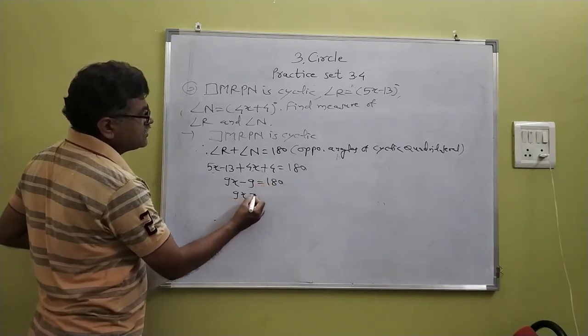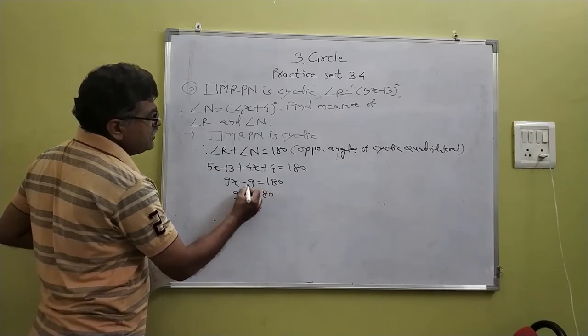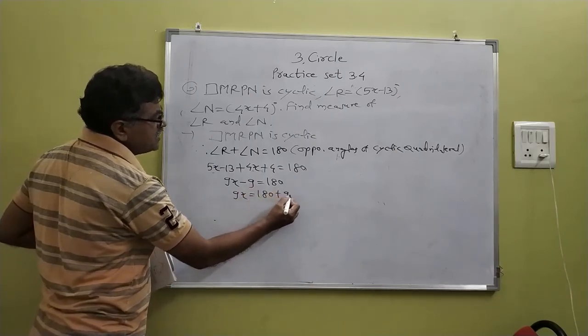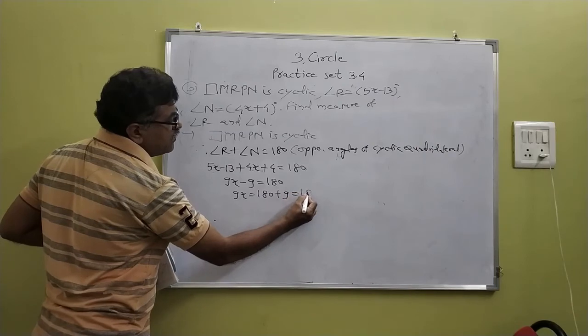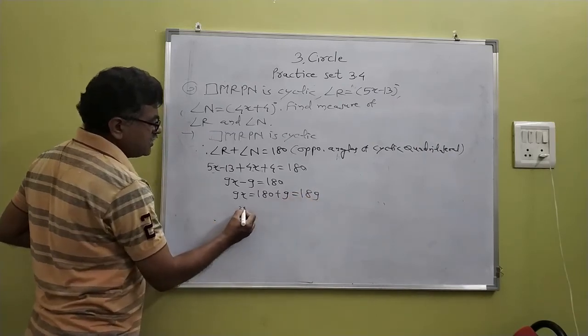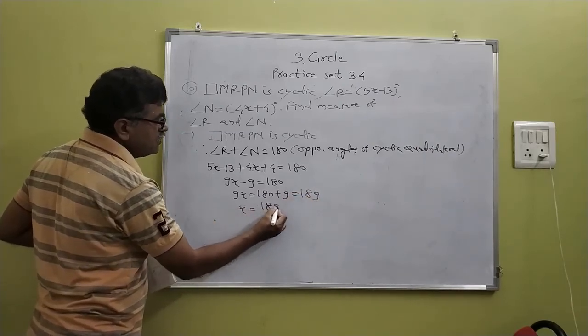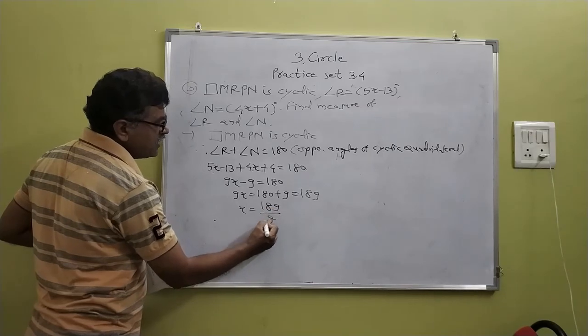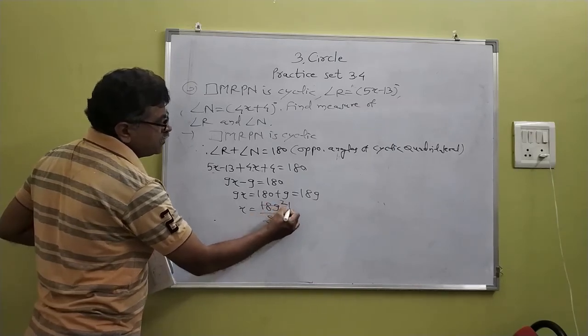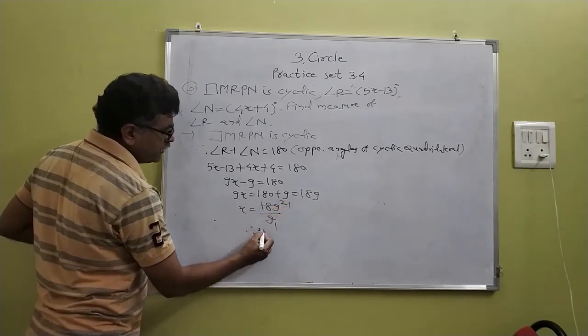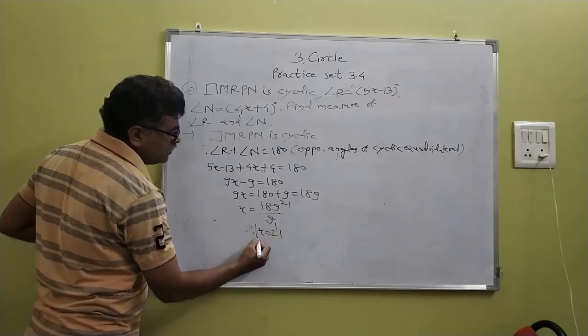Therefore, 9x is equal to 180 plus 9, which is 189. Therefore, x is equal to 189 divided by 9, which is 21.